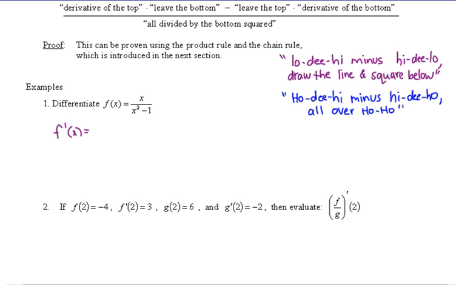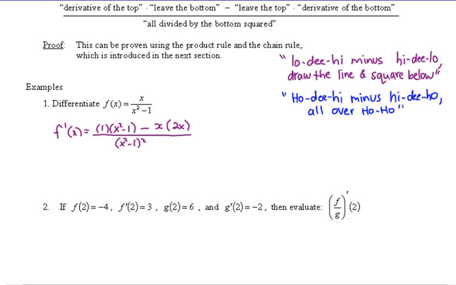What's the derivative of the top? 1 times, leave the bottom, x squared minus 1, minus the top times the derivative of the bottom. So top is x, times the derivative of the bottom is 2x, all over what? Draw the line and square below. So we have (x squared minus 1) squared.